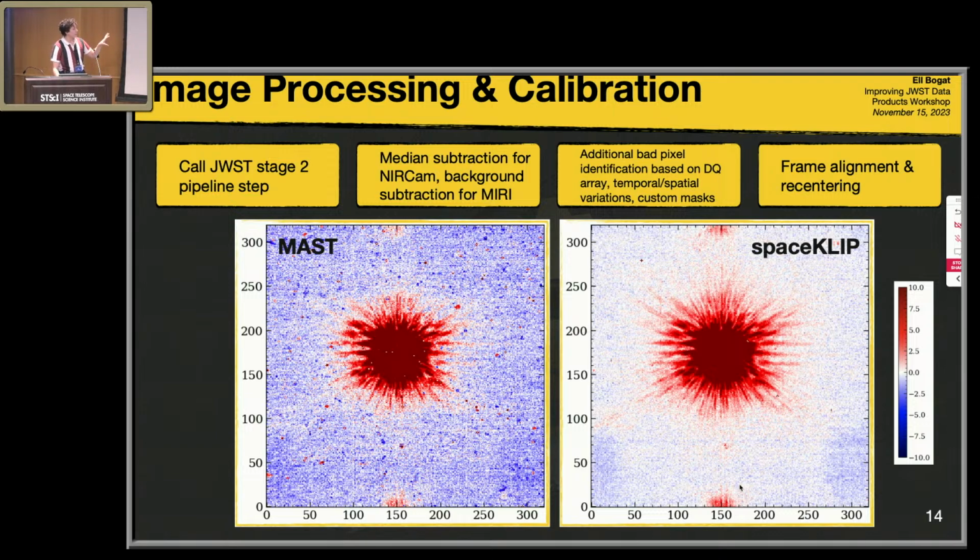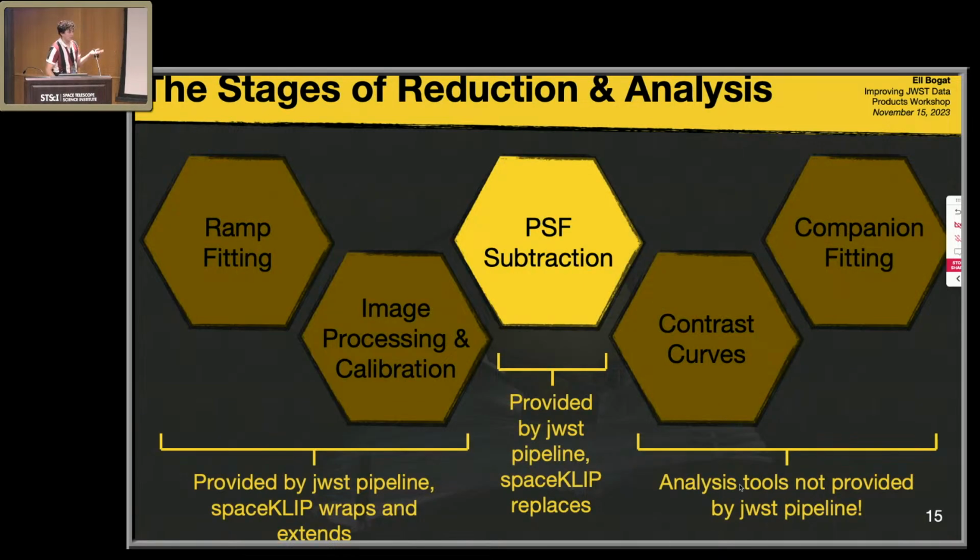But we still have a lot to remove, and so we have to make sure that not only are those PSFs stacked on top of each other correctly, but also via modeling, we have to know exactly where the star is positioned behind the coronagraph. And so we'll do this with some forward modeling using WebPSF to determine the exact position of the star. We'll get everything aligned so that we can feed it into the PSF subtraction step.